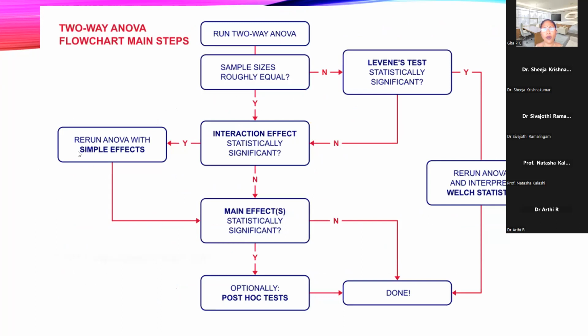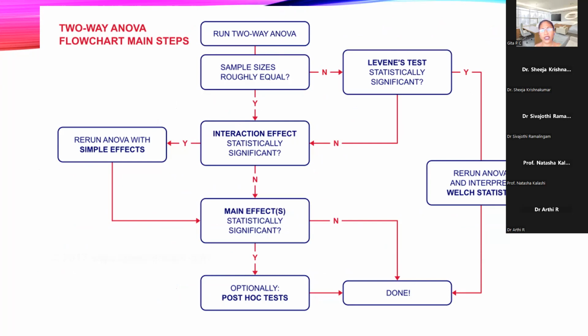Now, what is the flow of how you should do a factorial ANOVA? First, you should run a two-way ANOVA, and your sample size between the groups should be roughly equal.